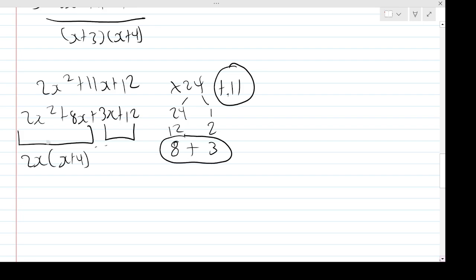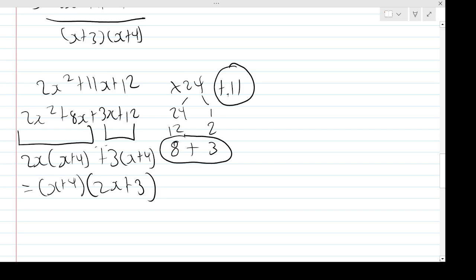Then to factorise the second part, 3x plus 12, 3 is the common thing I can pull out. So 3 then of x plus 4. And what do you know? x plus 4 is now common to both terms. So I can factor that out to get x plus 4, and then 2x add 3. And that is my factorisation there.